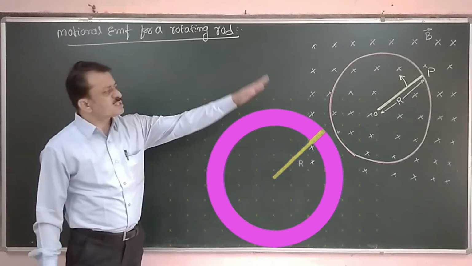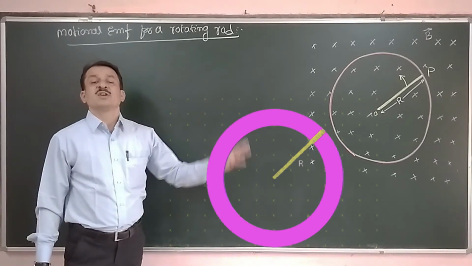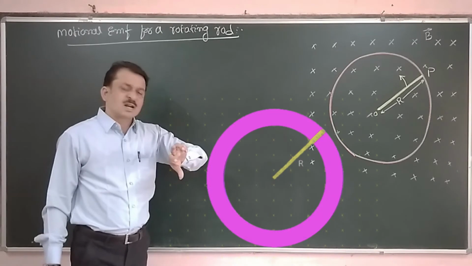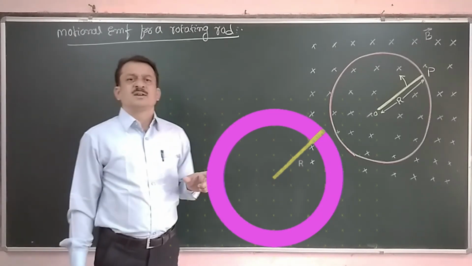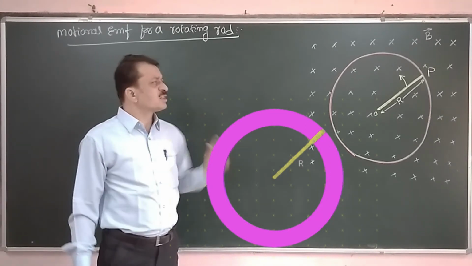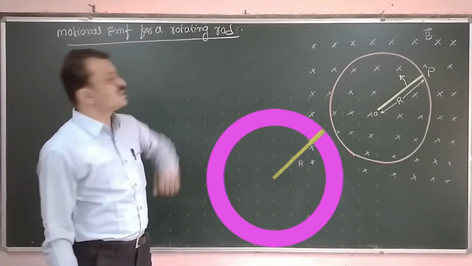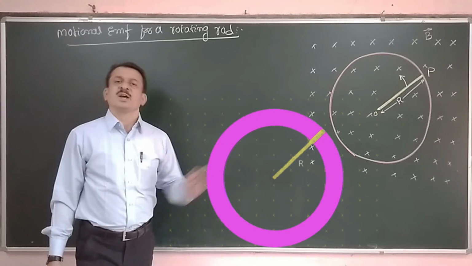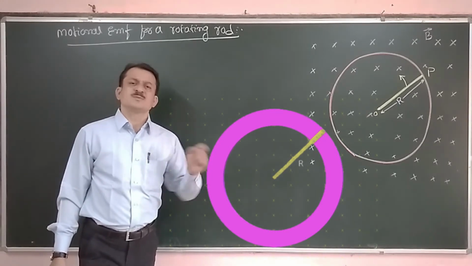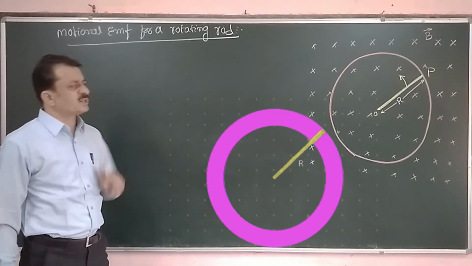Now the rod is rotating in a circular path. As the rod rotates, the magnetic flux linked with the rod is changing. That obviously induces an EMF. That is motional EMF, and hence there is a current.